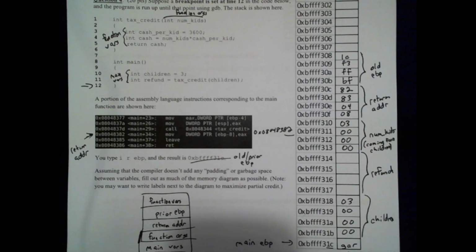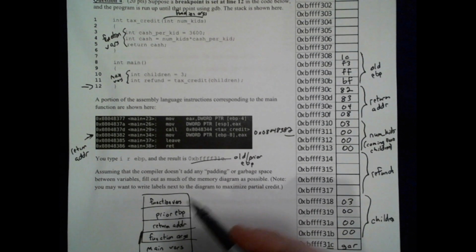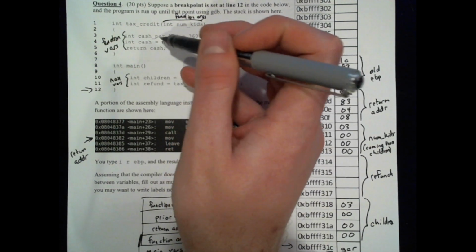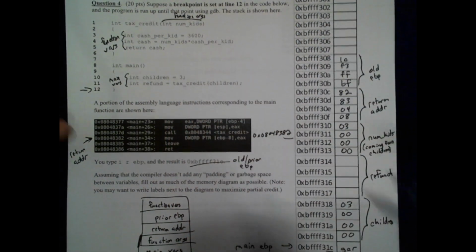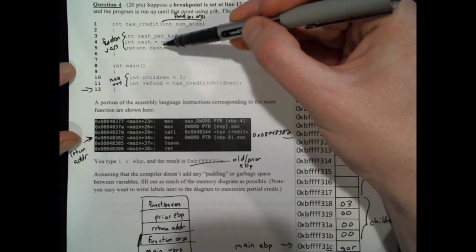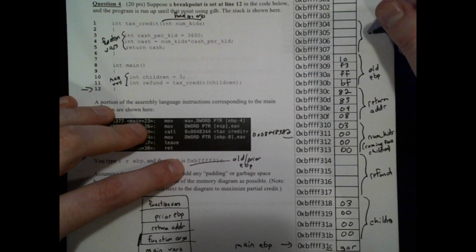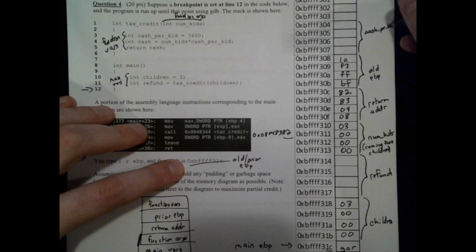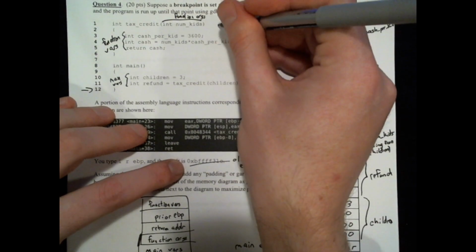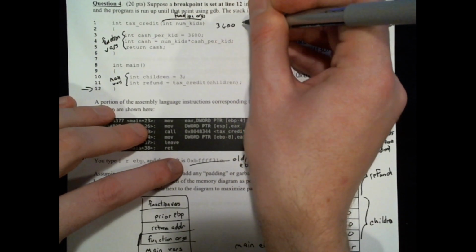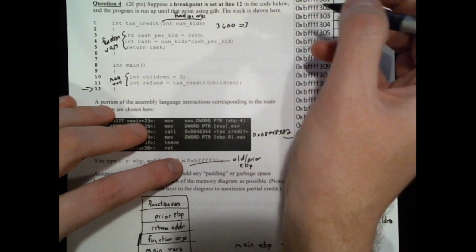Moving on, the last thing we have is our function vars. So function vars are the 2 variables that are defined in tax credit. We still read from the top of tax credit down. So the first thing we're going to have here, the next 4 bytes, are going to be cash per kid. Here's where you'd want to use your handy calculator to convert 3600 to hex.